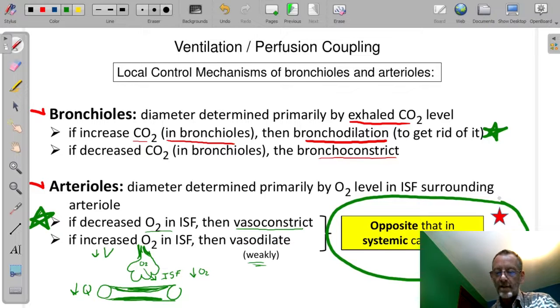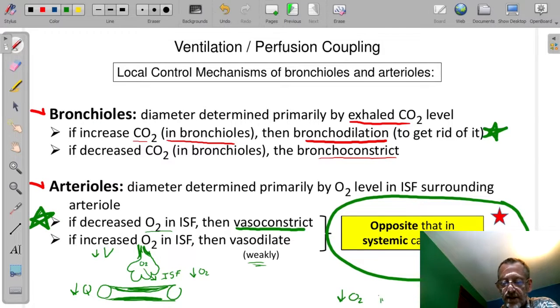This is exactly the opposite of what happens in the systemic capillaries with regard to oxygen. So be clear what's happening to the pulmonary capillaries, the arterioles, when we have low oxygen. They constrict in the lungs. What happens out in the tissues when you have low oxygen?